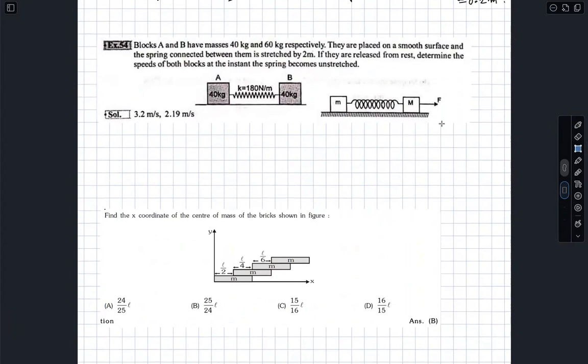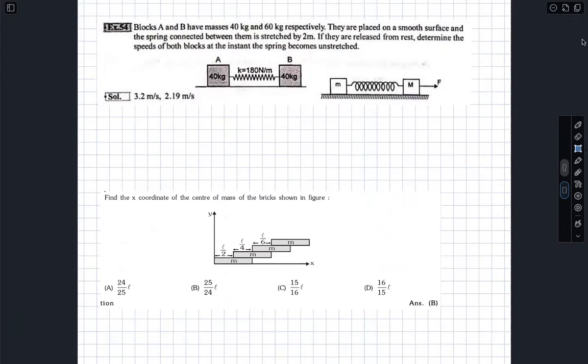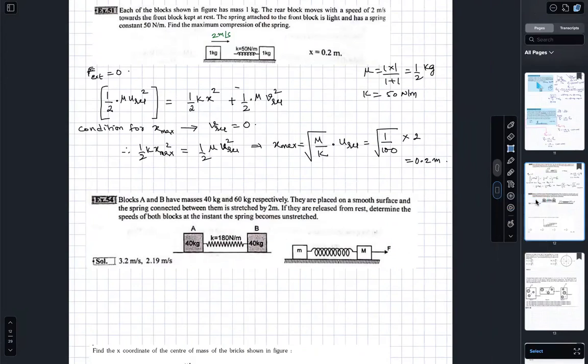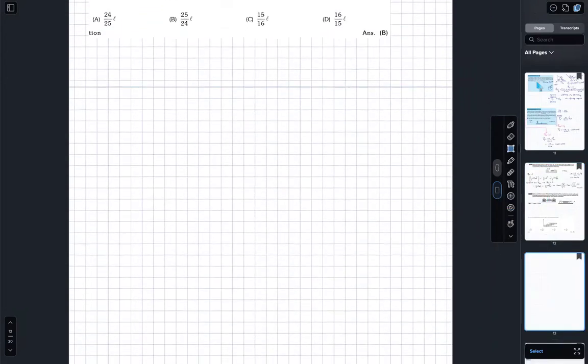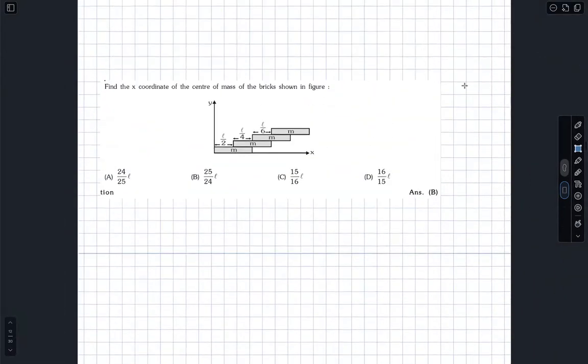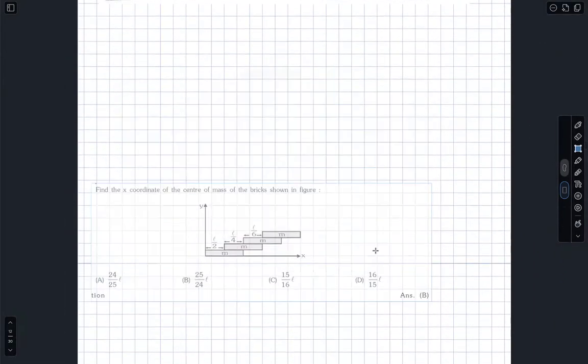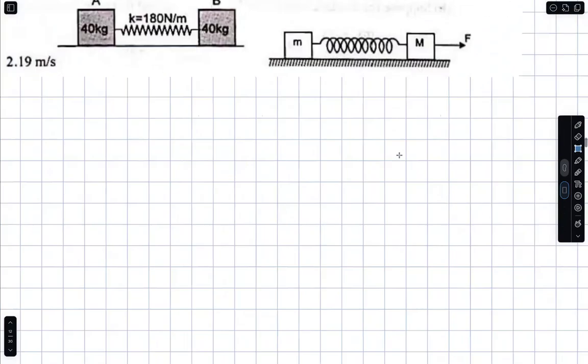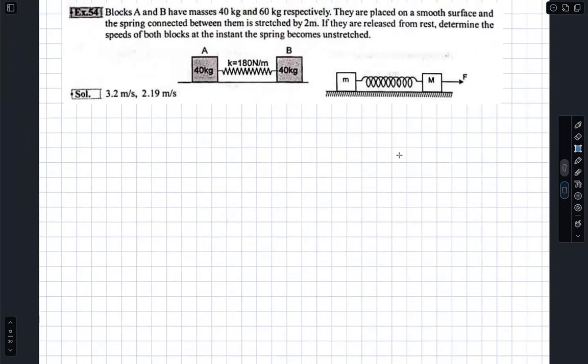They are placed on a smooth surface, and the spring connected between them is stretched by 2 meters.